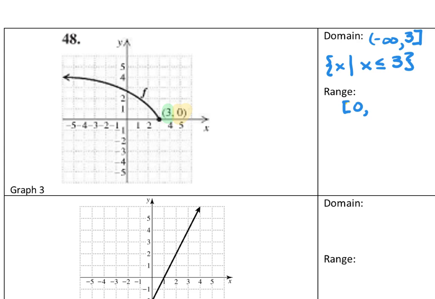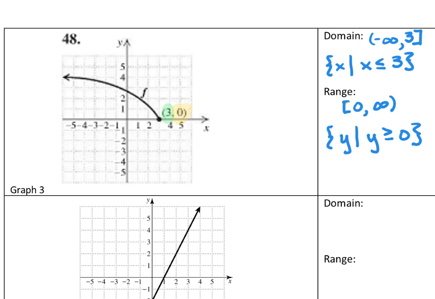Then we want to know how far up this goes. This goes up, up, up, and even though it looks like it's getting shallow, it actually does keep going up. So this goes towards positive infinity. If we write this in set notation, remember for range we want y, and we have y is greater than or equal to 0. All right, that is graph 3.